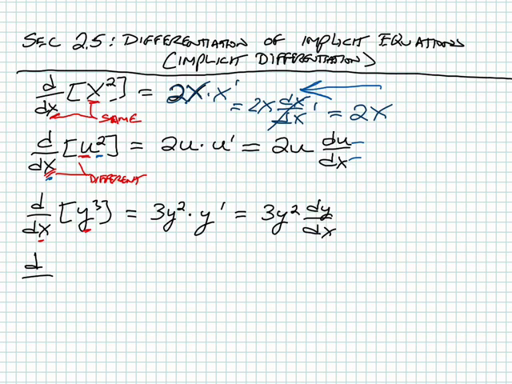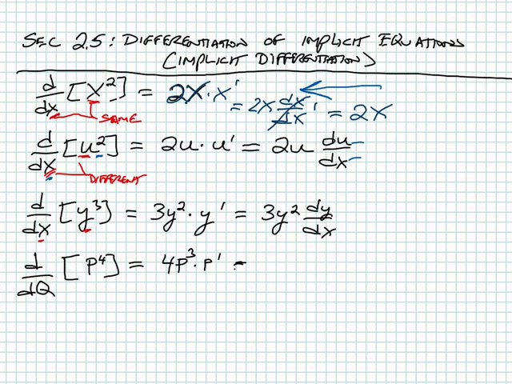So let's say I have d dq of p to the fourth. All right, so I'm taking the derivative of p with respect to q. And so even though the variables are different, what you want to do is just take the derivative of p like you normally would. So that would be 4 times p to the third power using the power rule. But then we have to multiply it by the chain, p prime.